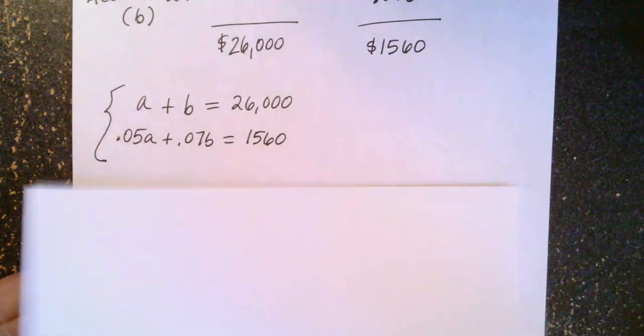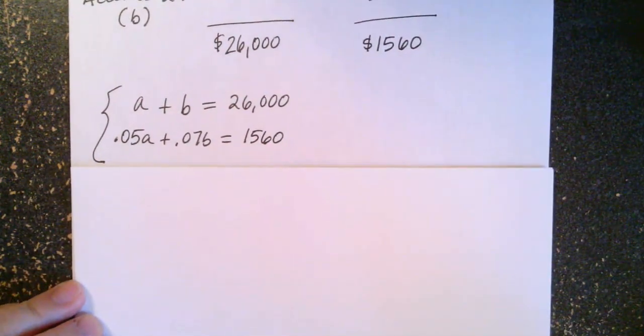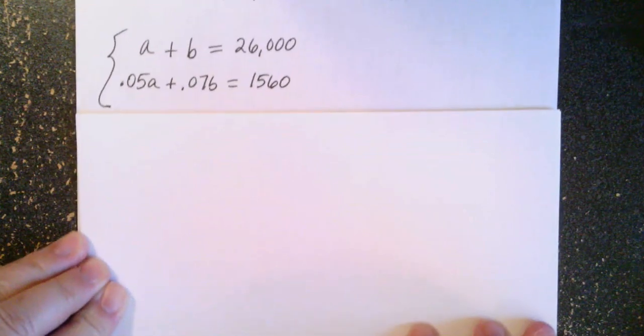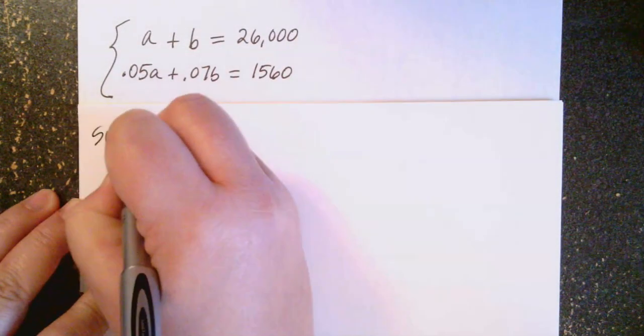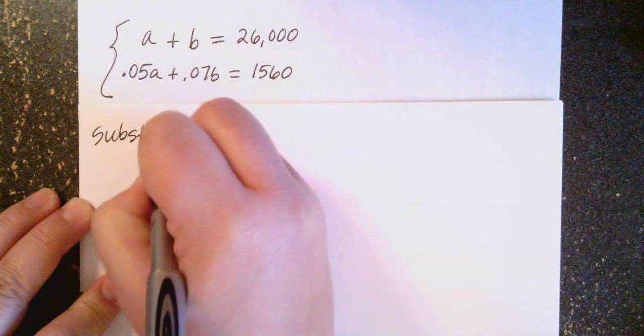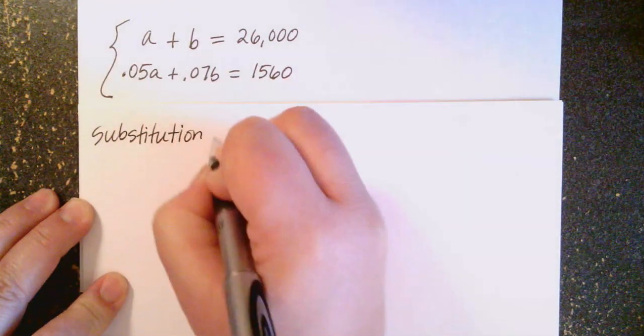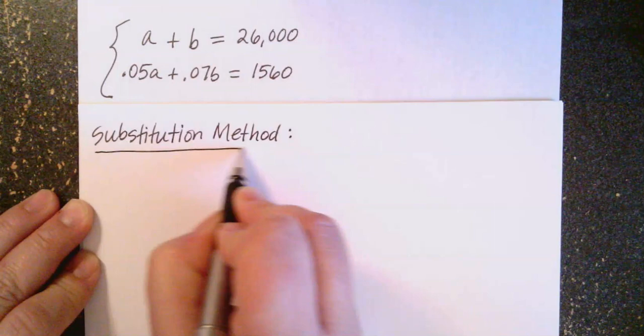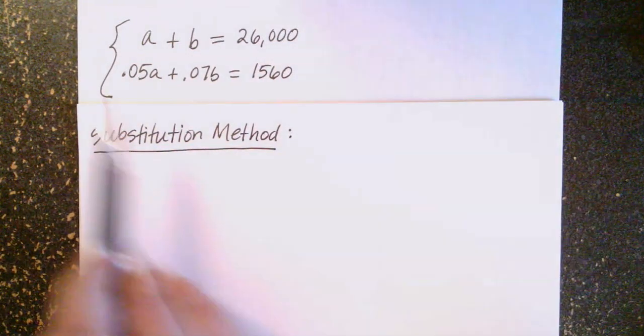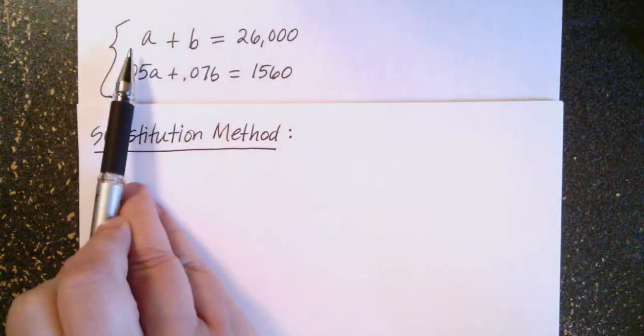All right, so the substitution method starts with taking either equation, doesn't matter which one, and getting one variable alone in that equation, isolating one variable. Generally you look for the easiest thing to get alone, and either one of these fits the bill.